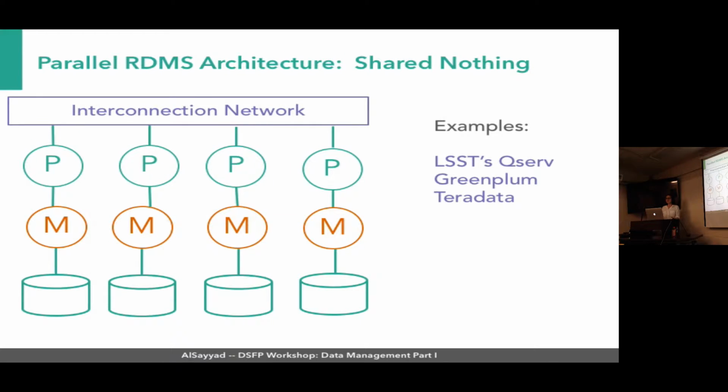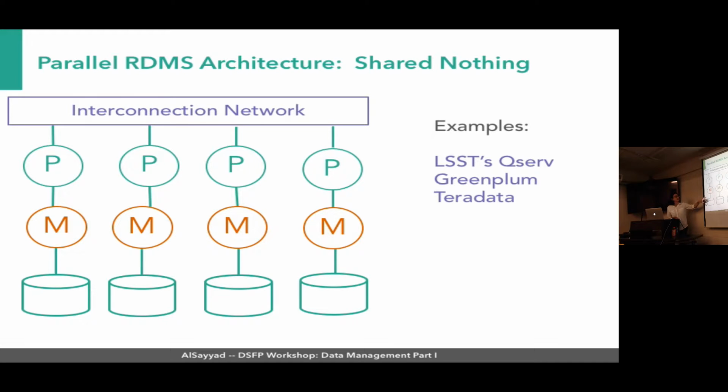To get even more parallelization, you can have what we call a shared nothing architecture. This is the most parallel of them all, because you have a node, which is just a simple, cheap computer. You have processor, memory, disk, all self-contained, and you have these in some kind of cluster in a network together.